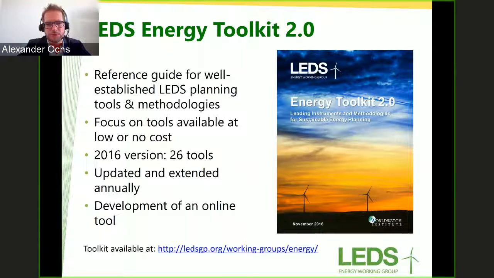If you just do a Google search, you'll find it. It received more than 2,000 downloads already since it was issued in November last year, which I think for a rather technical toolkit like this is quite exciting. But I have the link also on my final slide if you want to copy it.